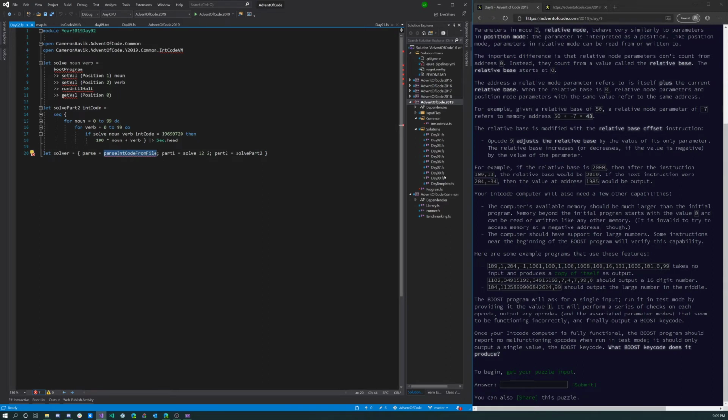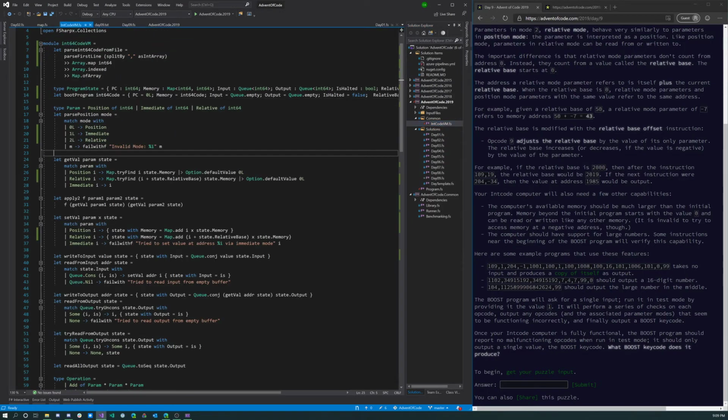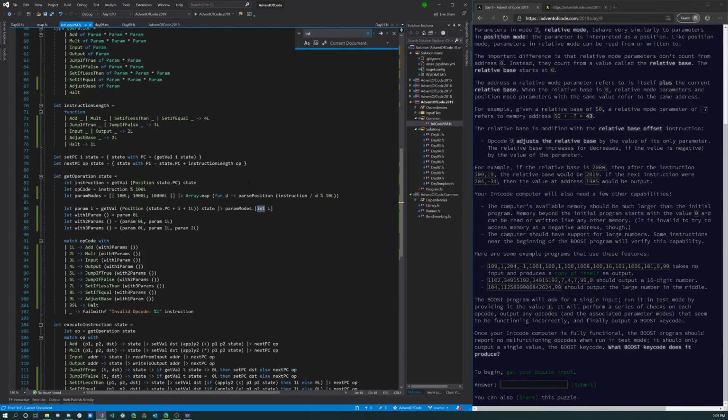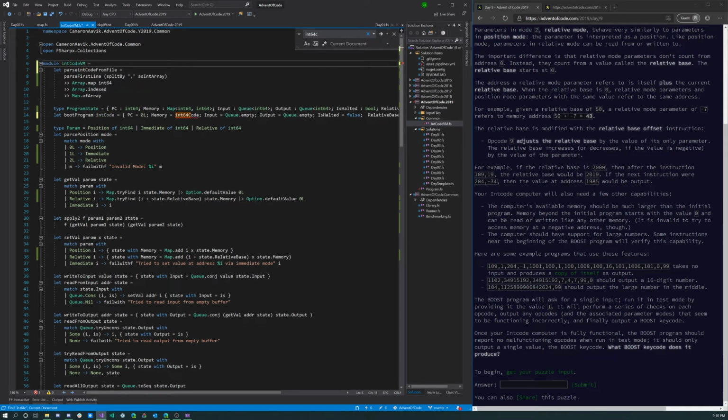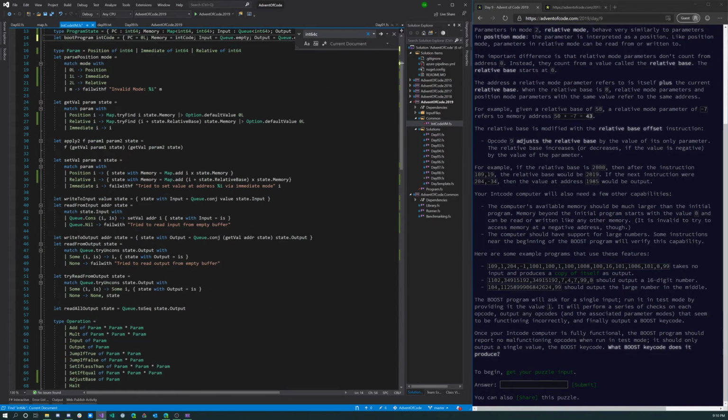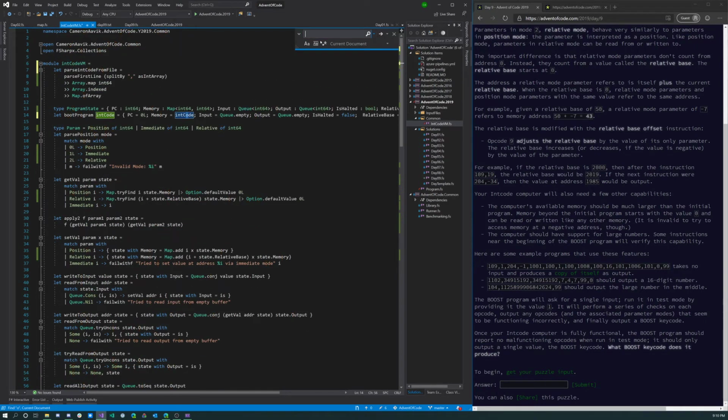Okay, screw it. Oh, I know what it is. It's because it was called int code, and I've just renamed it to int64 code. That is hilarious. Okay, let's try running now.